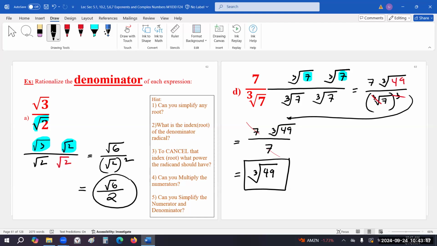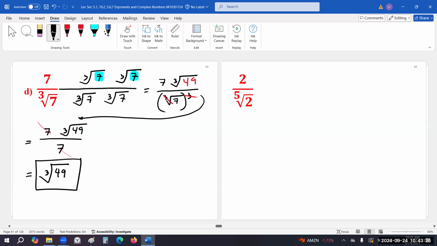So whatever radical we are given, we have to multiply 1 unit less. 5th root. So you can do a shortcut actually. You know that you need to multiply 4 times, right?